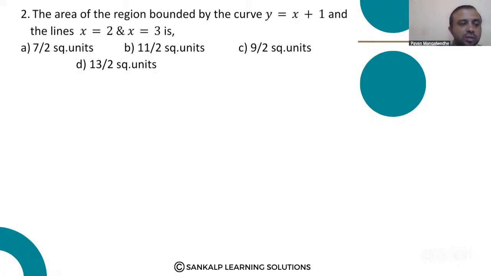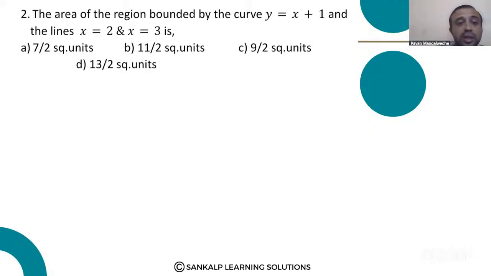The area of the region bounded by x is equal to 3 and x is equal to 2, the two lines. Now try with the integration.